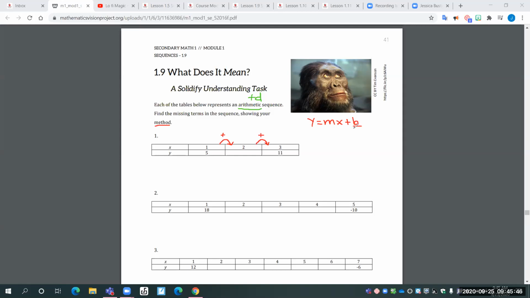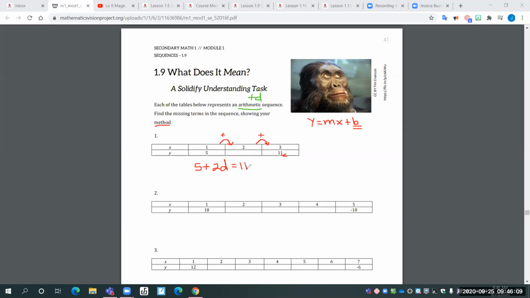I'm going to start with my starting point, so to speak. I'm starting at 5, and I'm adding 2 times whatever the common difference is, and that ends up giving me where I ended up, which is 11.